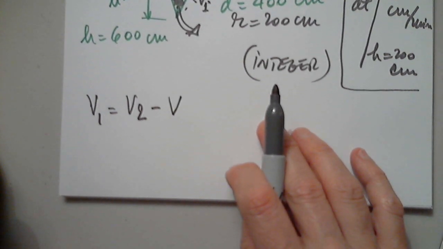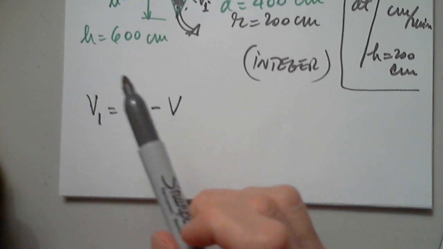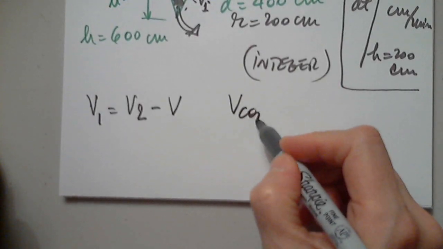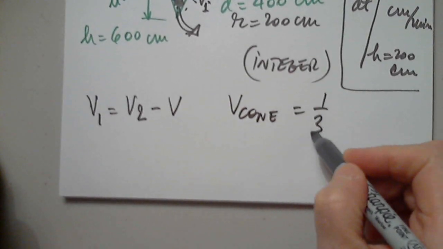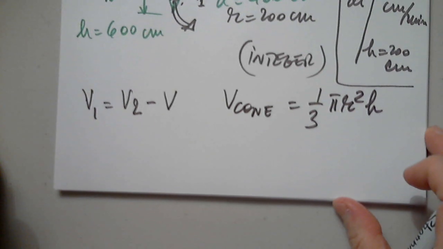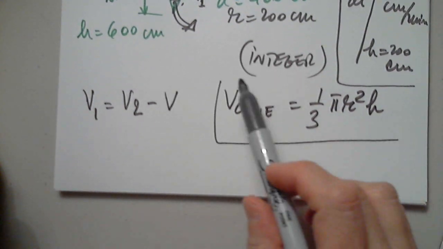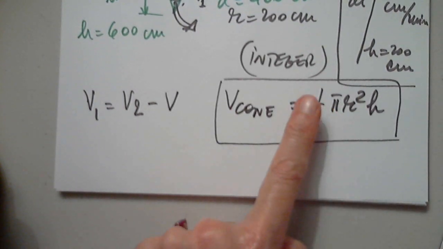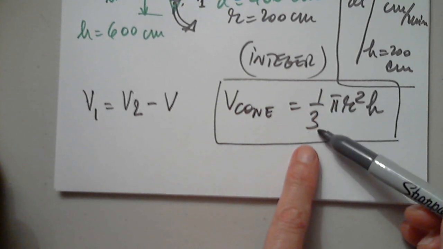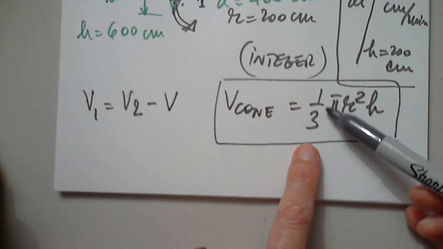The volume of the cone, if you remember, is 1/3 pi r squared times the height. Easy to remember because the volume of a cylinder is area of the base times the height. All you have to do is put 1/3 in front.